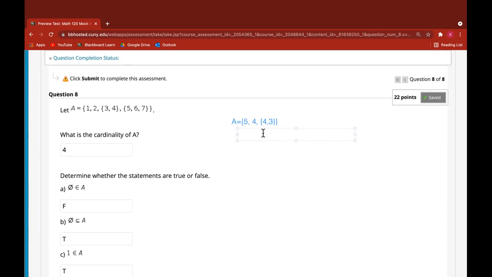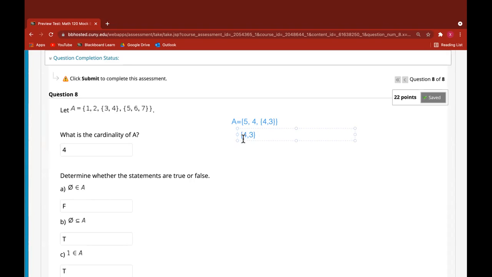If you look at 4, 3 or 3, 4, it doesn't matter since the order does not matter in a set. So {4, 3} will not be a subset of A. It will be an element of A. You can say it belongs to A with this notation. It is an element in A, but it's not a subset of A.